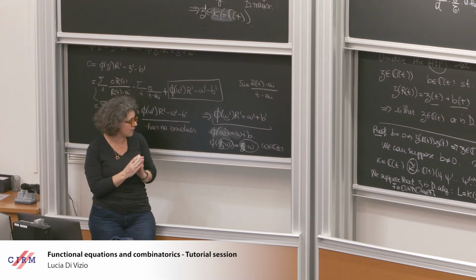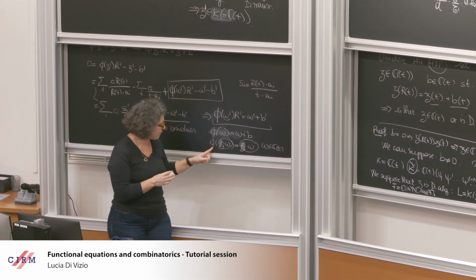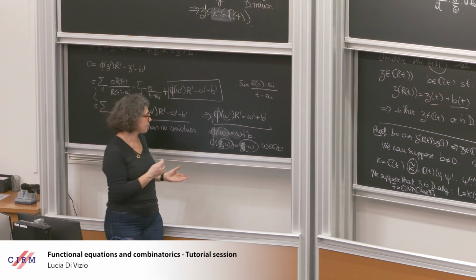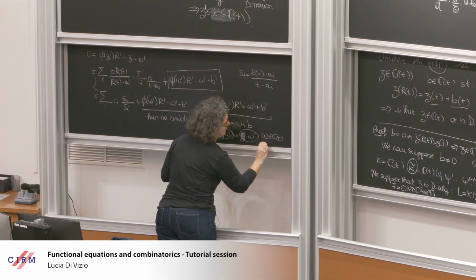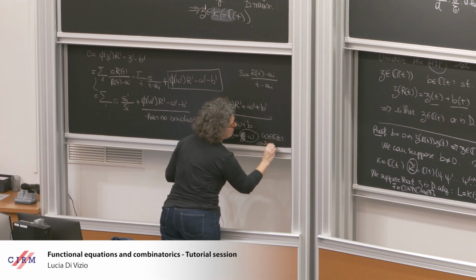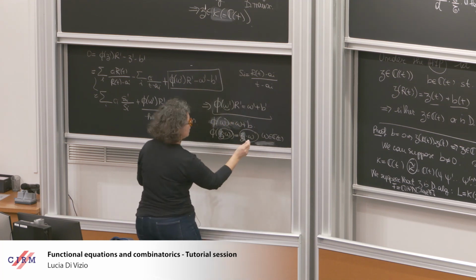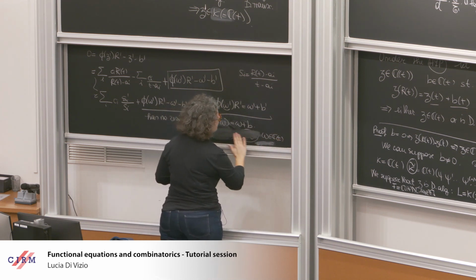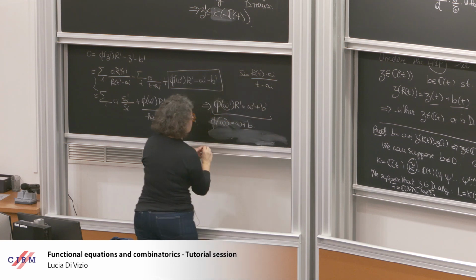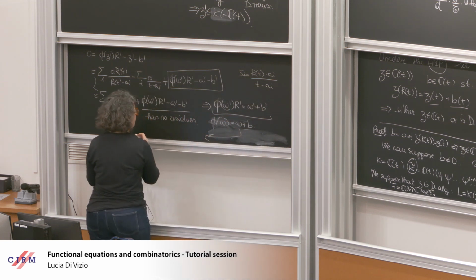Their difference is a constant because they are invariant by the operator, and this implies that z is equal to omega plus a constant, because they are solutions of the same inhomogeneous functional equation.